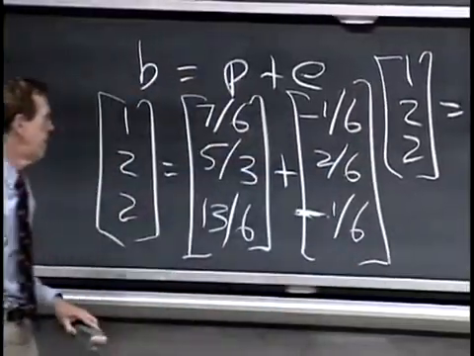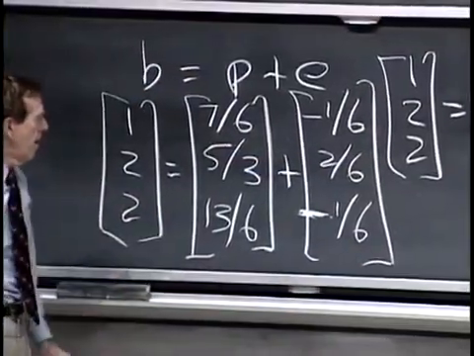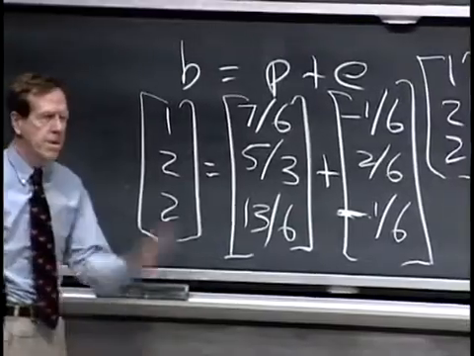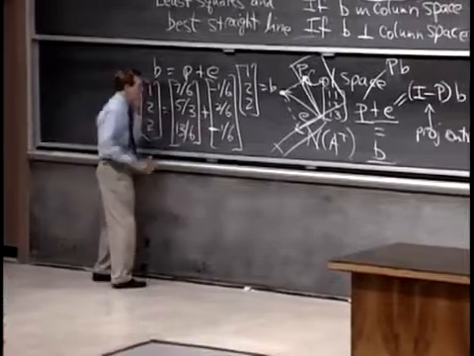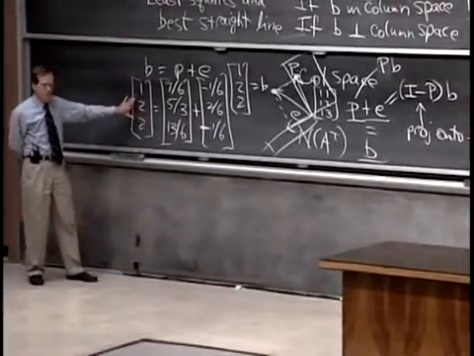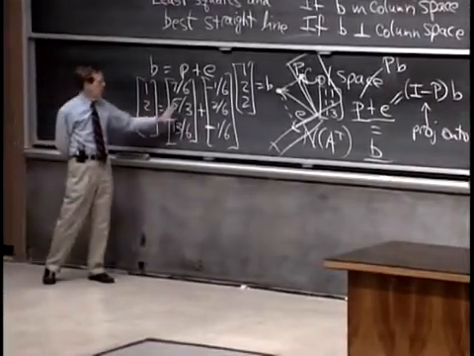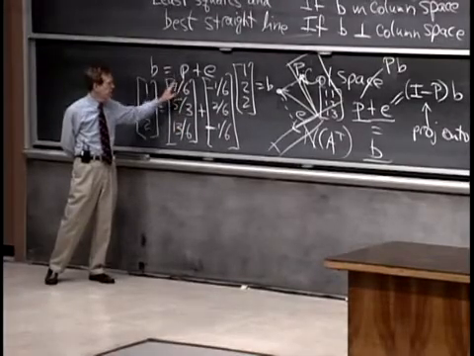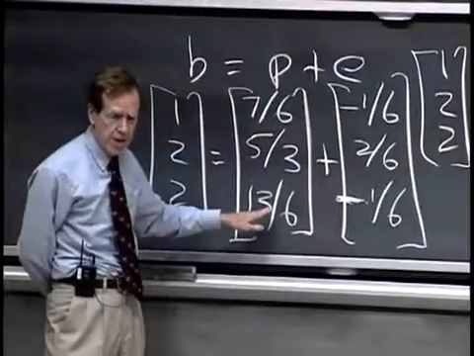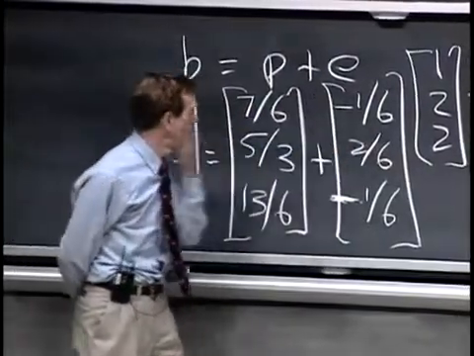Okay. Tell me some stuff about these two vectors. Tell me something about those two vectors. Well, they had to be, right? Great. Okay. What else? What else about those two vectors, the projection vector P and the error vector E?